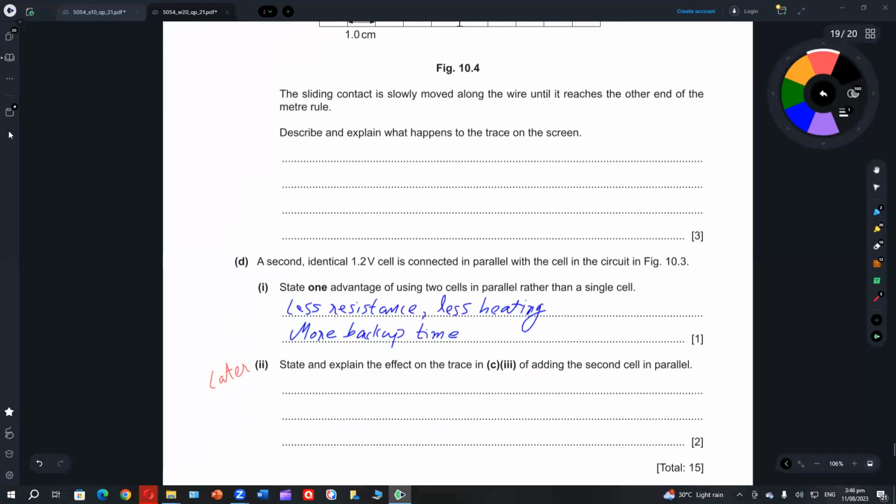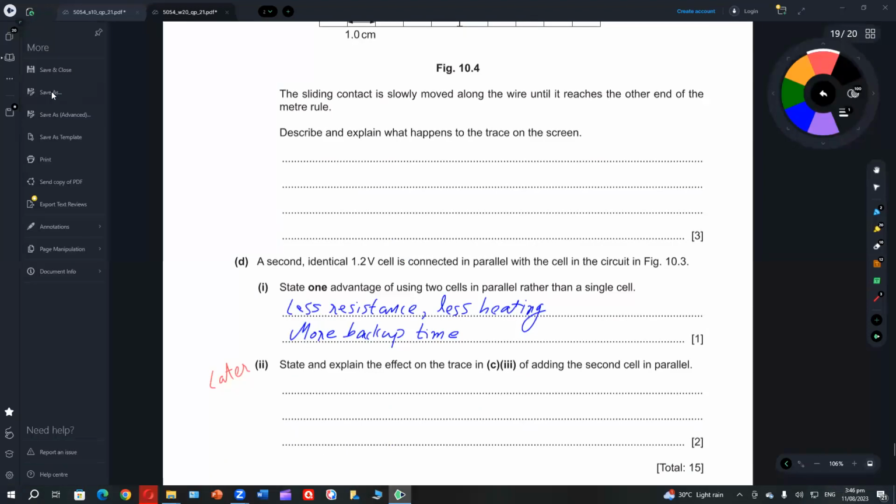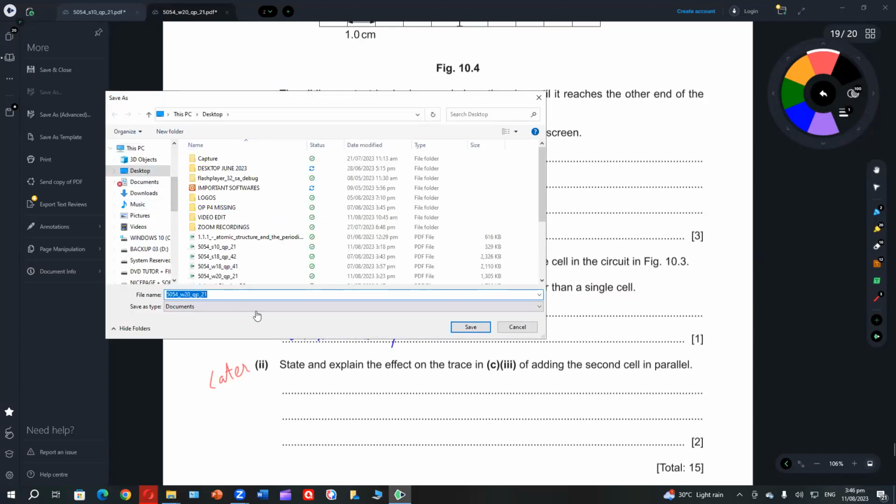Okay, now you have to help me to look for the second last question. Go back and look for the second last question. Okay.